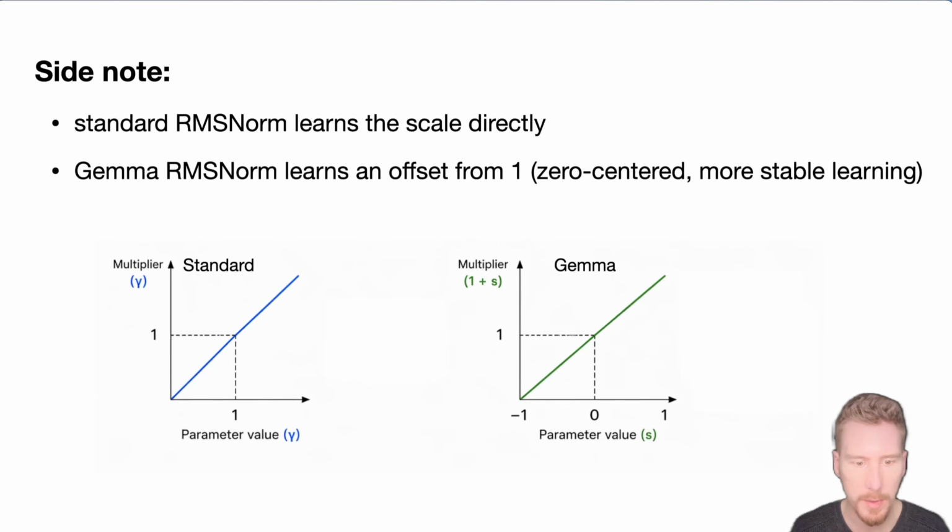That's the whole point here, basically. And so by doing this from scratch implementation, we can actually learn these little nuances. And now we learn something new: there's a regular RMSNorm and there is this more stable Gemma RMSNorm, and maybe we can adopt that for our own architecture in the future, for example.